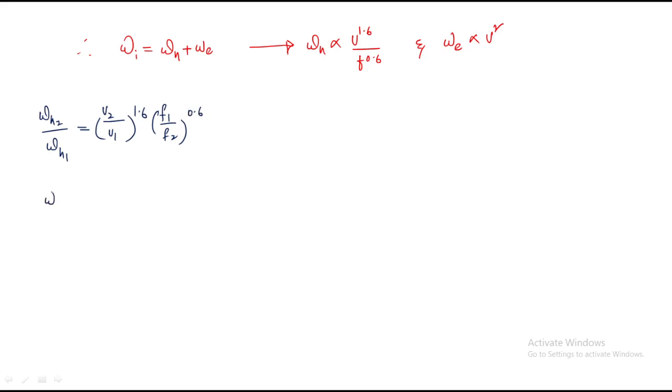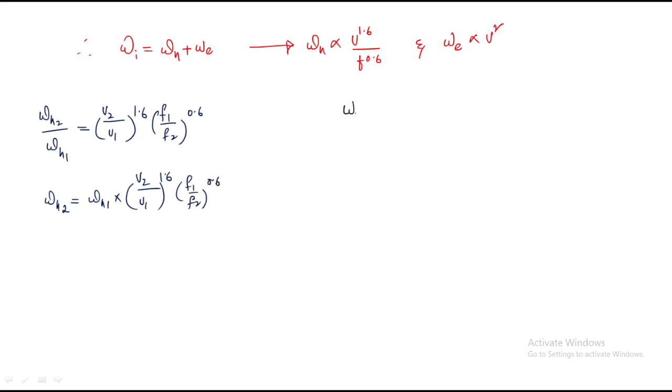So from this we have to calculate WH2. The answer is WH1 into V2 by V1 power 1.6 and F1 by F2 power 0.6, right?